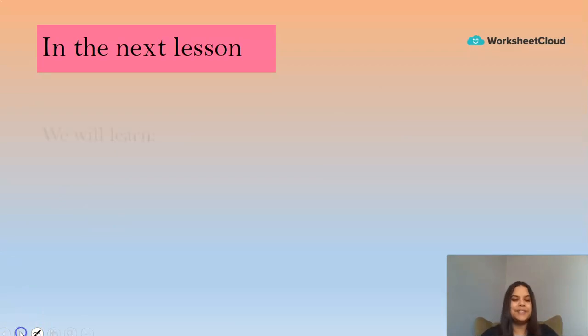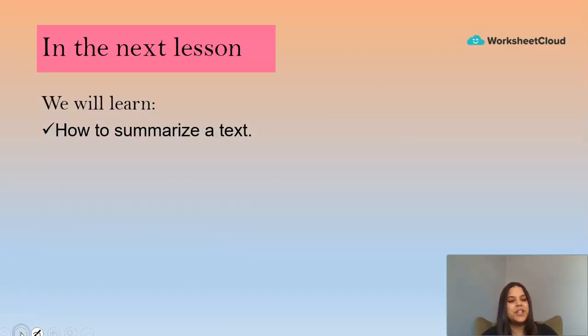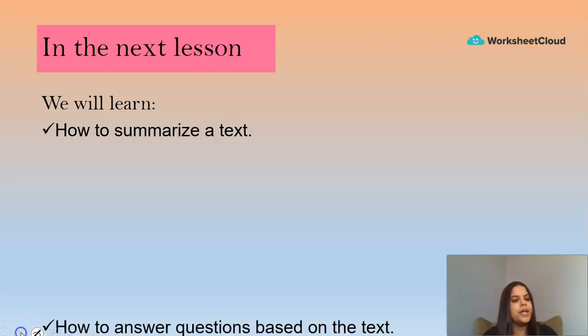So in the next lesson, we will learn how to summarize a text. We're going to go back to Slim and the Dinosaur, and we're going to find a way to summarize it. Remember I said we are using one sentence for our prediction, but when we summarize, we're going to use the whole text and find a way to condense it and only take out the important parts that tell us exactly what happened in the story.